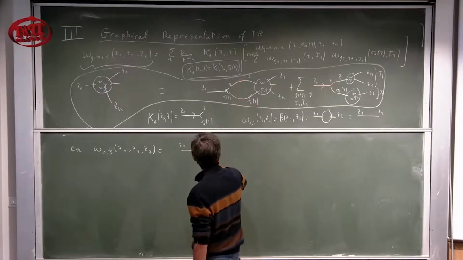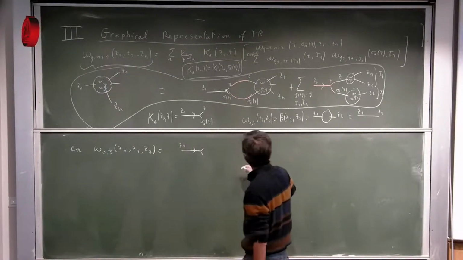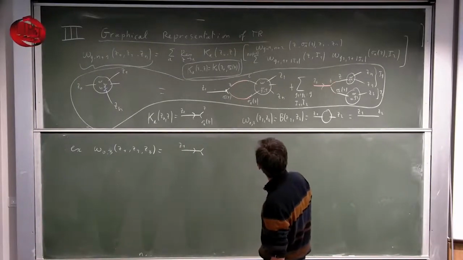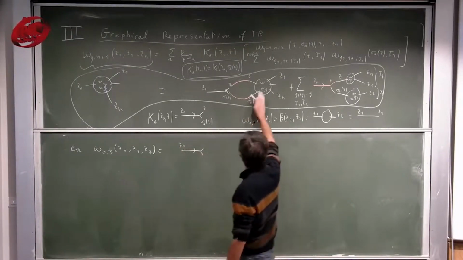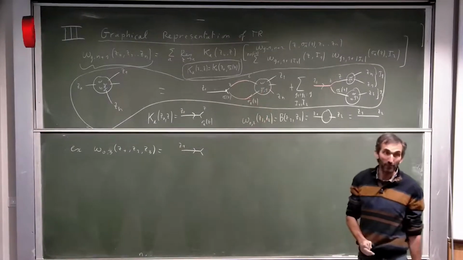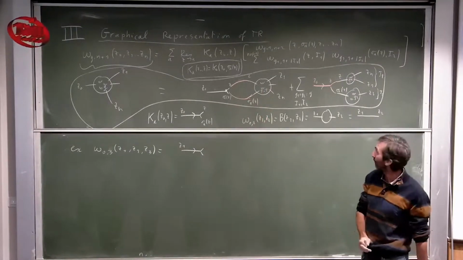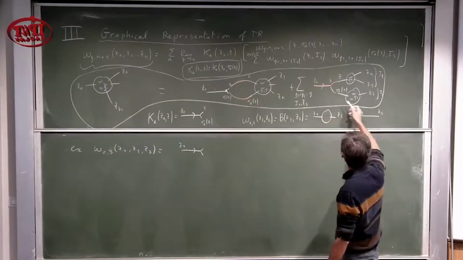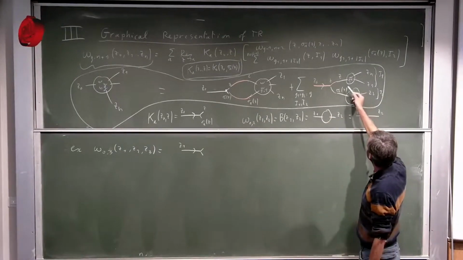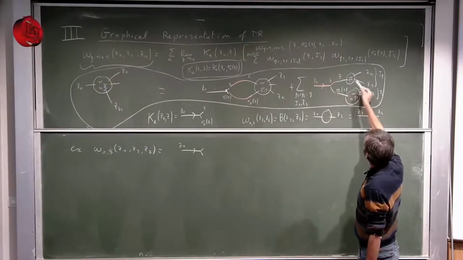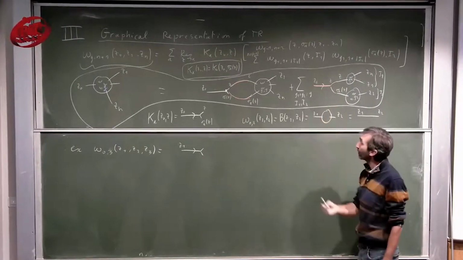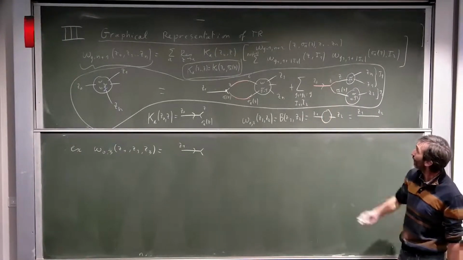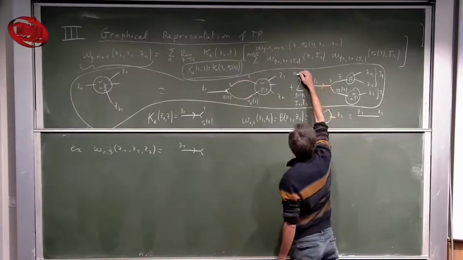Z1, and here we should put, what should we put here on the right hand side? Well, since g equals 0, there is no g minus 1. In this case, g minus 1 does not exist. So we have this sum. Here g1 and g2 must be 0, and we are just summing over I1 and I2.